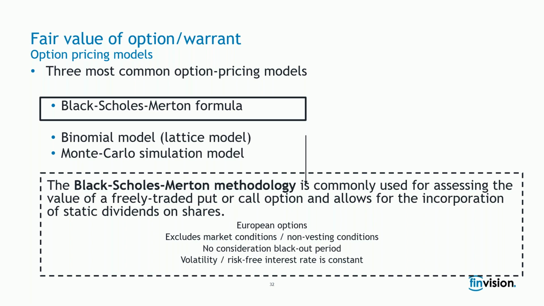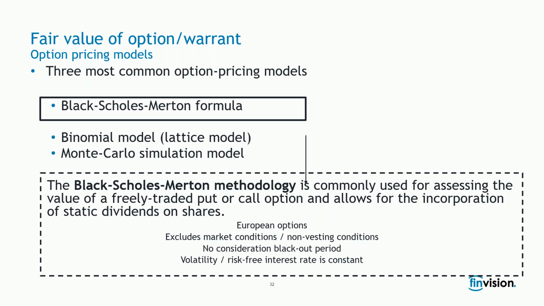But what are the conditions? Normally, it's only valid for European options. So the Black-Scholes formula in the methodology expects that the exercise can only occur at the end of the term or the expected term. It's very difficult to include market conditions or non-vesting conditions into a Black-Scholes because it is limited.